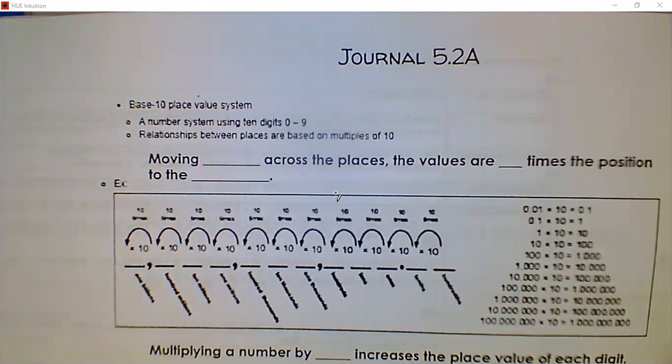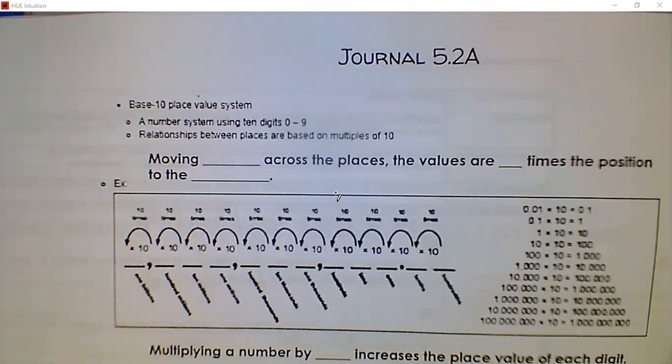So the number system that uses 10 digits 0 to 9 and relationships between places are based on multiples of 10. So in 4th grade, you learned about moving to the left being 10 times greater and moving to the right being 1/10 the value when you look at a place value chart. Okay?